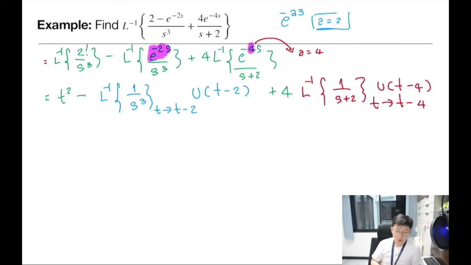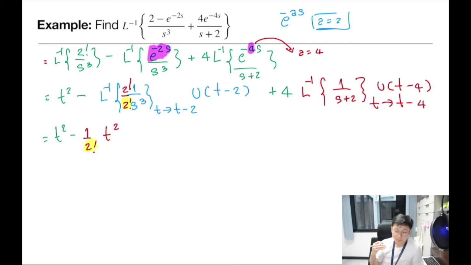Okay, so let's deal with it term by term. So the second one, I would need to multiply it by 2 divided by 2, 2 factorial, but it's the same as 2. So I pull 1 over 2 factorial out, so I get 2 factorial divided by s cubed, which means that it's actually t squared, right?